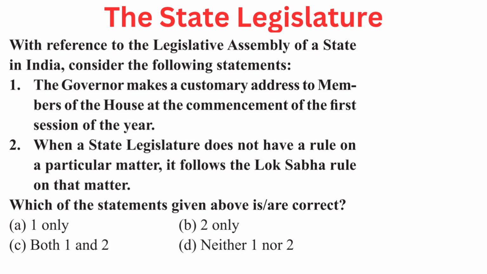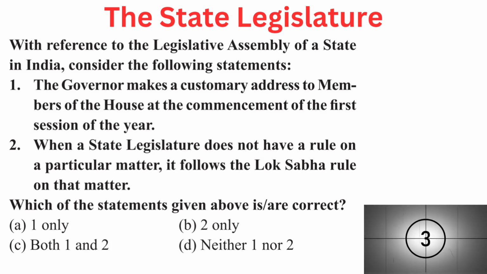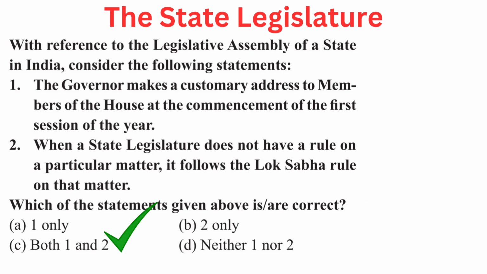Your options are A, 1 only, B, 2 only, C, both 1 and 2, or D, neither 1 nor 2. Right answer is C, both 1 and 2. The governor makes a customary address to members of the House at the commencement of the first session of the year, and when a state legislature does not have a rule on a particular matter, it follows the Lok Sabha rule on that matter.